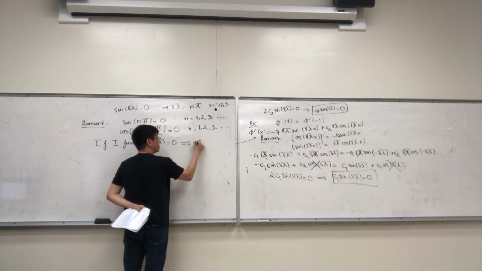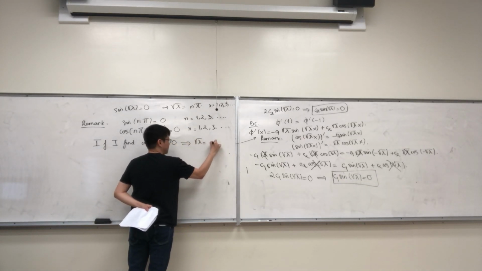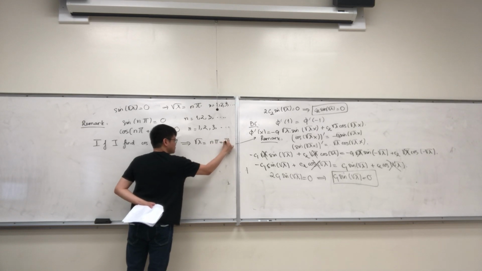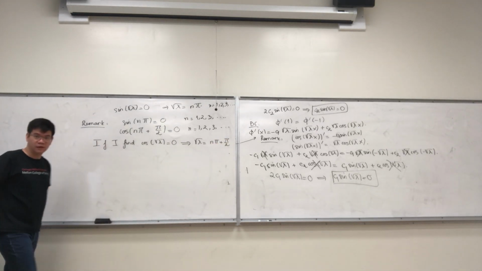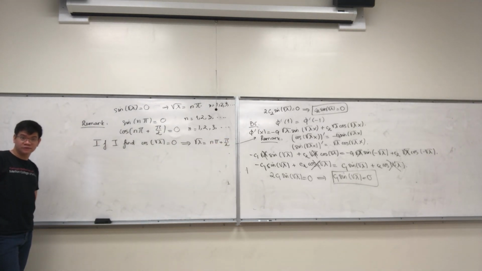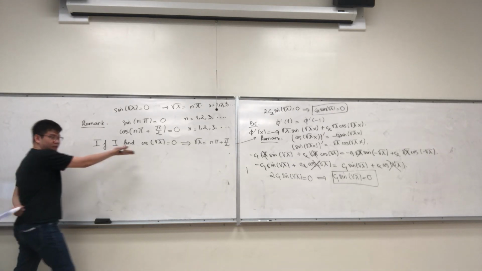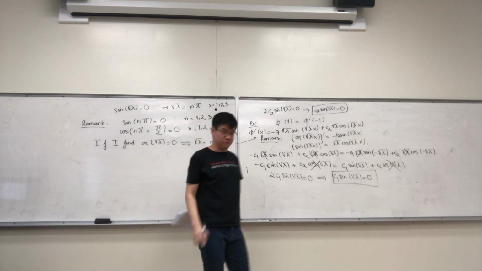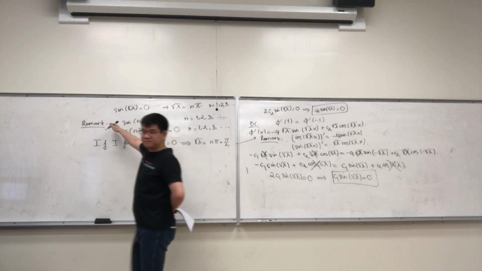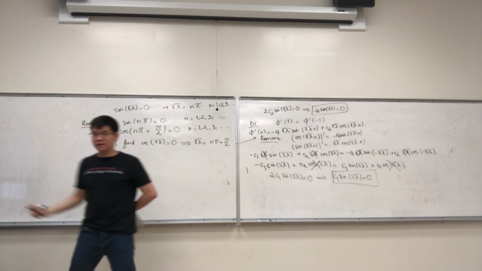So I have to have square root of lambda is n pi plus pi over 2. Okay. Right? Questions? Other questions? It's clear? Right? So it depends on the solution that you find. And you have to keep in mind all of those formula. Right?